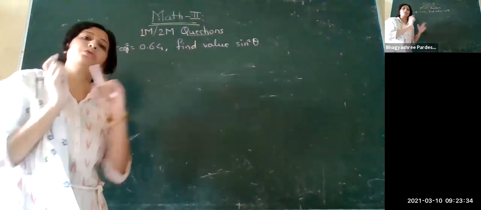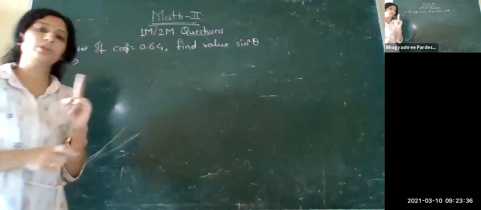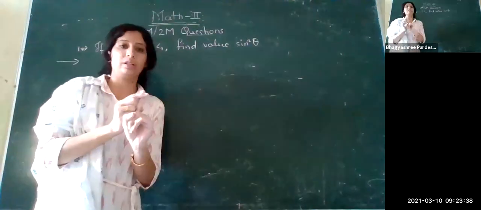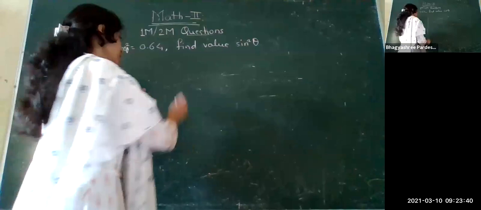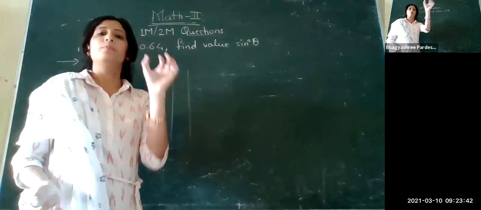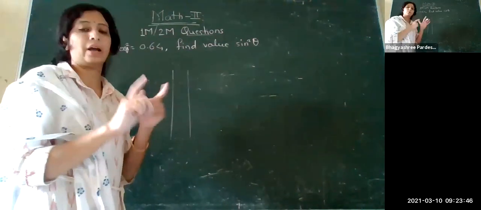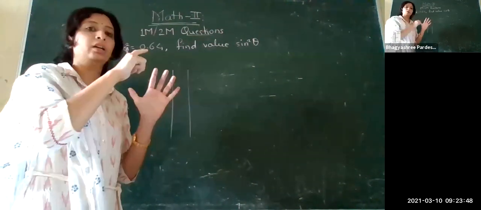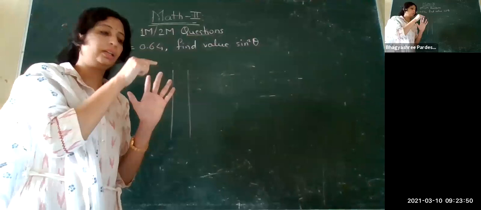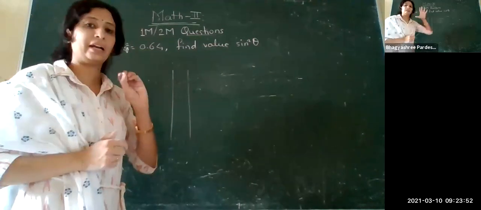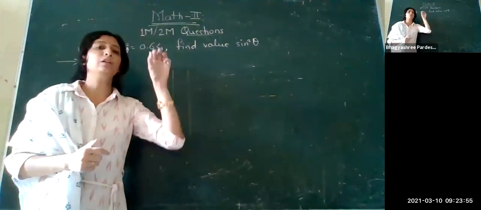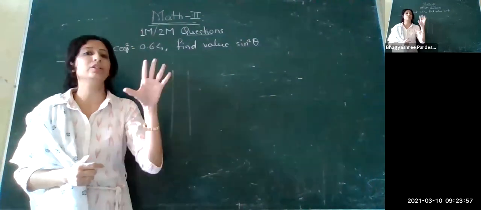Again, from trigonometry, the first and most important thing you have to remember is the table, that is, all the values of trigonometric ratios for 0 degree, 30 degree, 45 degree, 60 degree, and 90 degree. Remember the values of all trigonometric ratios for these 5 angles.